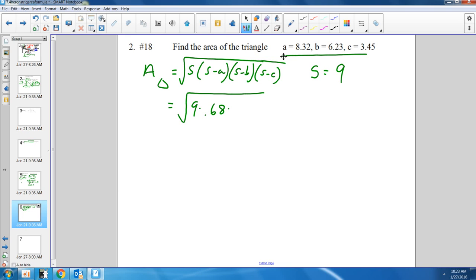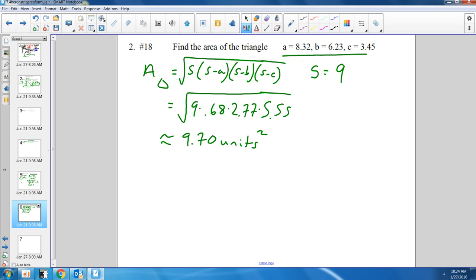And then I'm going to go back to 9, subtract off B. And then subtract off C. So I want to do this all in one shot. And you're going to end up getting 9.70. And it would be whatever units you have squared.